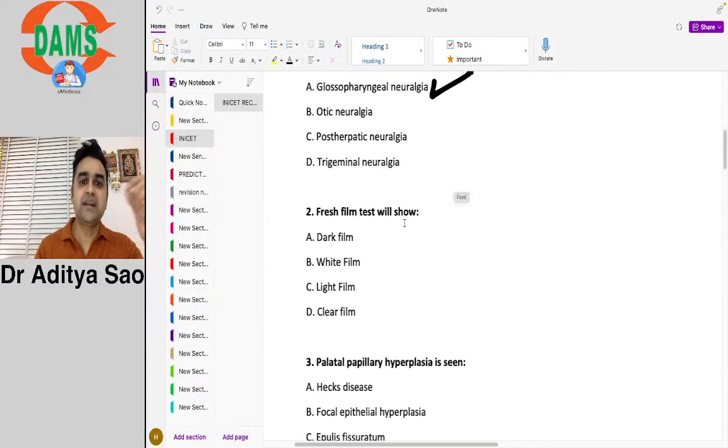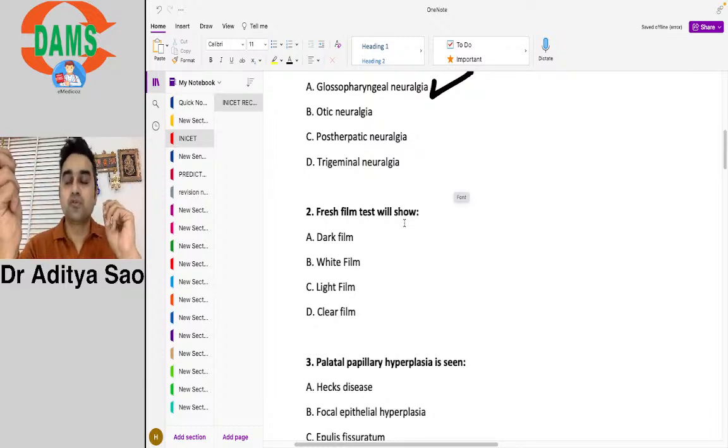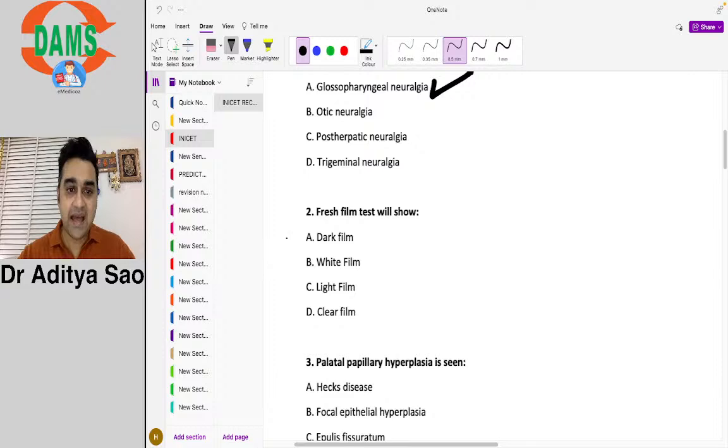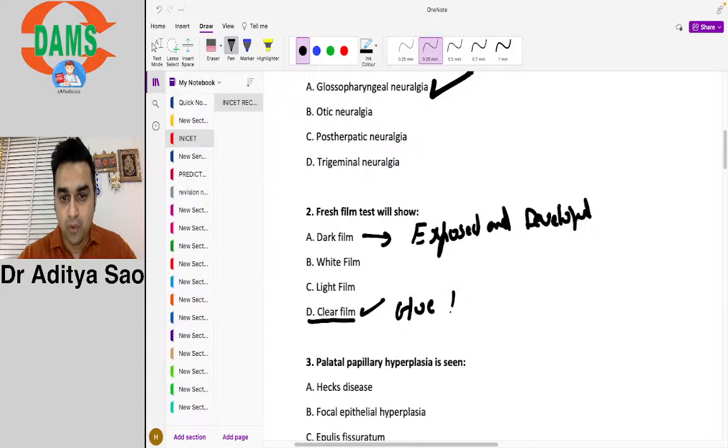A fresh film test will show... Basically a fresh film means if you took an unopened film, opened it and took it out, that is a fresh film. So that will appear as what? Option A is dark film. This is most commonly seen when it is exposed and developed, so it is not a fresh film anymore. The answer will be clear film, and it comes with a blue tint.